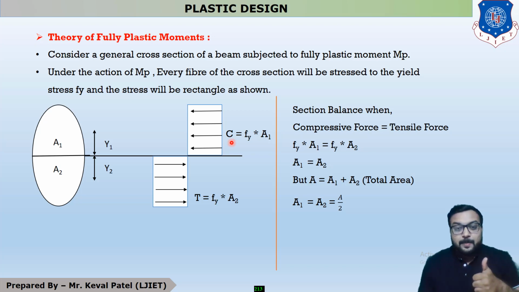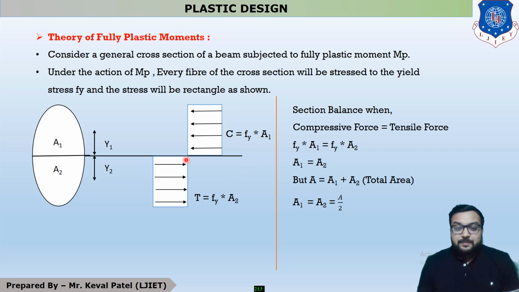Stress is equal to force upon area, so to find the force, the equation is stress into area. So this is the compression force: C for compression is equal to Fy, the yield stress, into A1, because the area of the upper half portion is A1. So your compression force is Fy into A1.